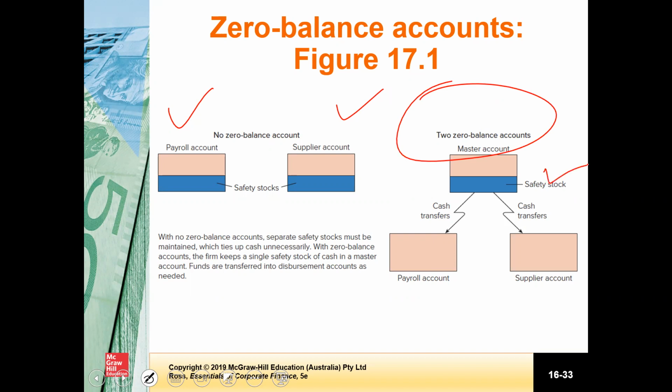Okay, so this is what I'm talking about. Safety stock in a master account and transfer the funds to the two subsidiary accounts as needed. The master account earns interest at a similar rate to short-term deposits with the bank. The key is that the total amount of cash held as a buffer is smaller under zero balance accounts, which frees up cash to be used elsewhere.